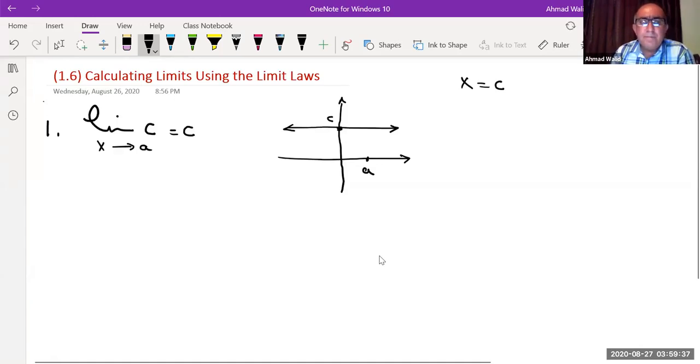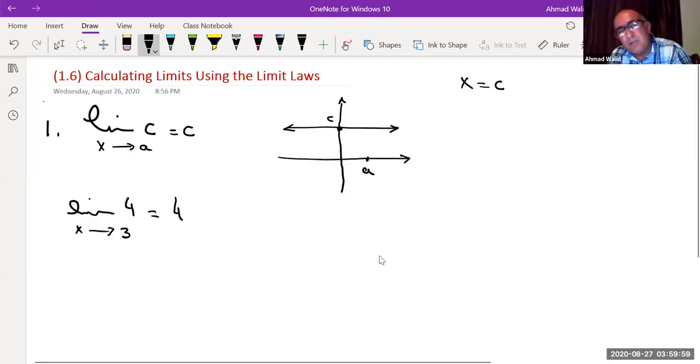Numeric example, the limit of 4 as x approaches 3. Based on the definition, the limit of 4 as x approaches 3 should be 4. Or another way of explanation, there is no variable there where you could plug in 3. You see, there is no variable.